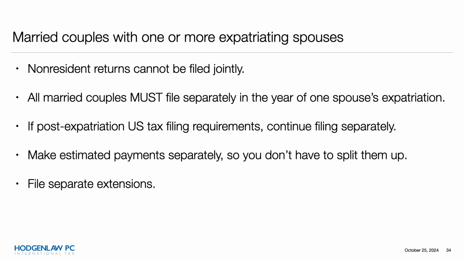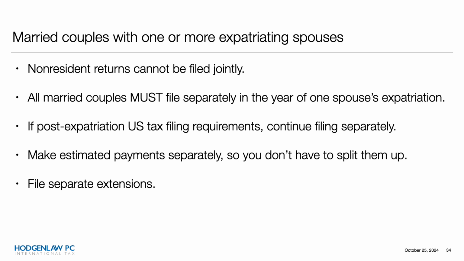Another thing that should be considered before preparing the expatriation tax return is married couples with one or more expatriating spouses. It adds a little bit of complexity into the equation. Non-resident returns cannot be filed jointly, so all married couples must file separately in the year of one or more spouses' expatriations. If there are any post-expatriation U.S. tax filing requirements, then they must continue filing separately.